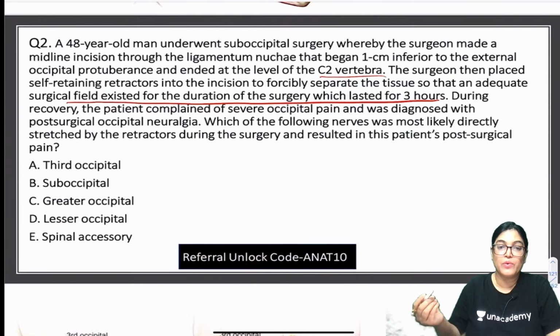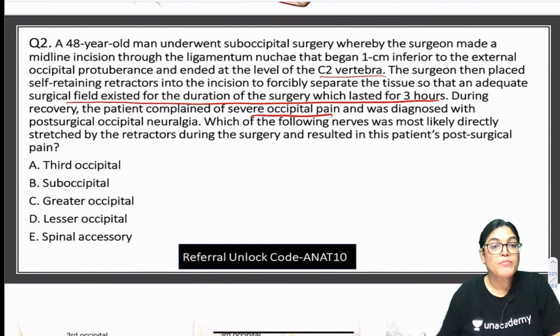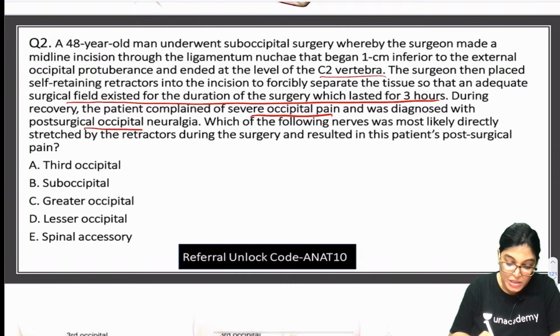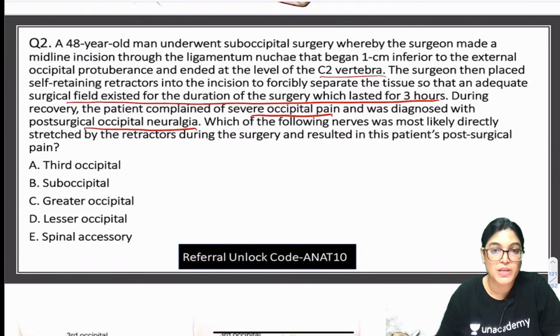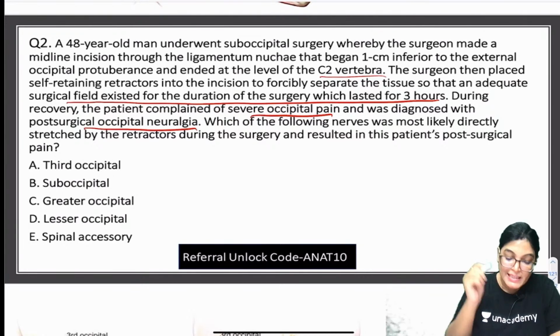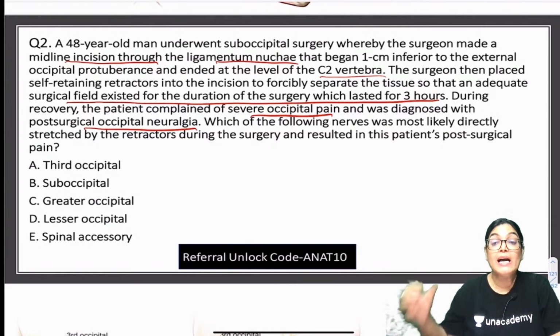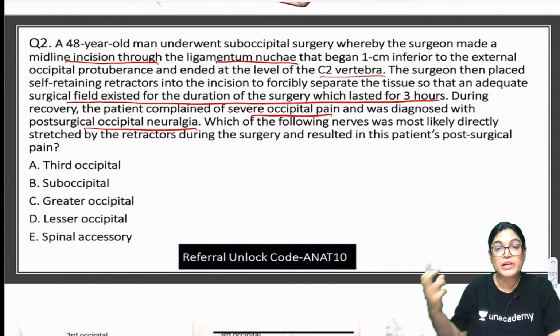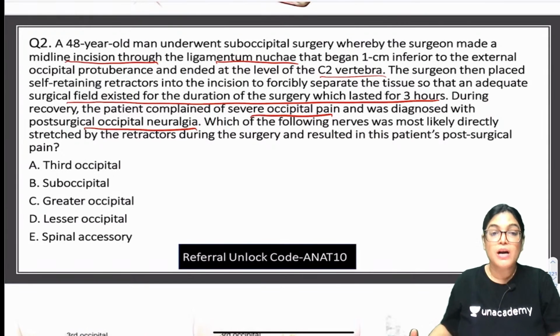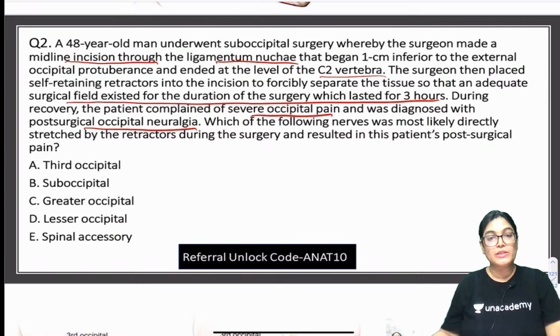During recovery, the patient complains of severe occipital pain, and it is observed that the patient is suffering from post-surgical occipital neuralgia. So, my dear friends, mark the location where the surgery is performed. The incision is given in the midline, where the ligamentum nuchae is retracted for a long duration to complete the surgical procedure, and post-surgery the patient is complaining of occipital neuralgia.